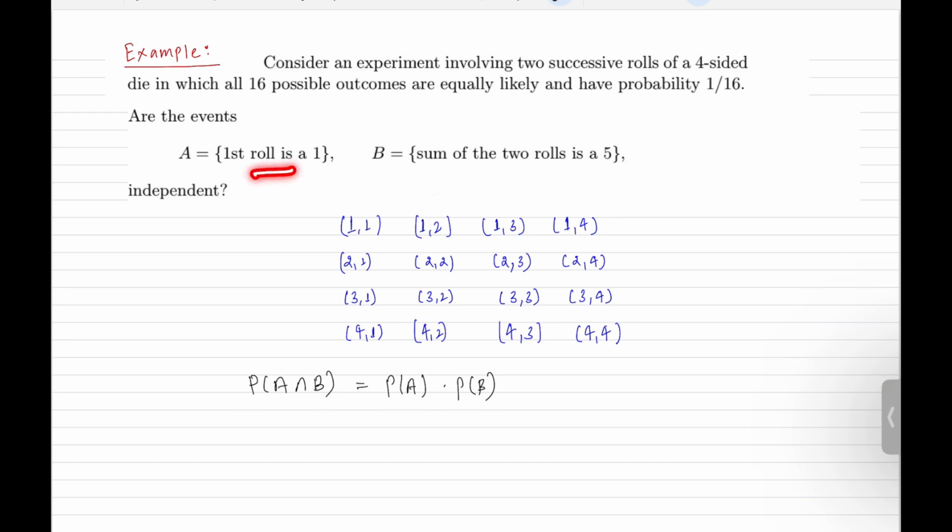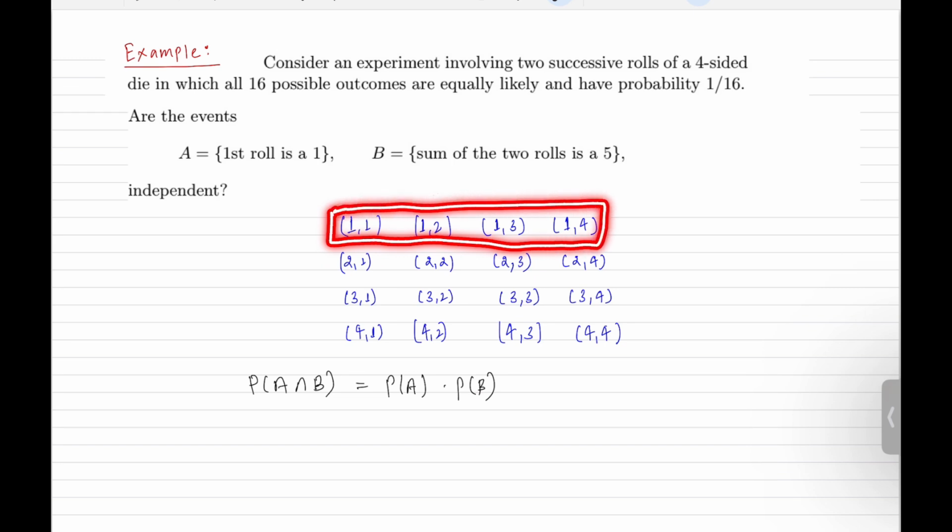If we look at the sample space, then where the first roll is 1, these outcomes favor event A, because in every one of these elements the first roll is 1, right?